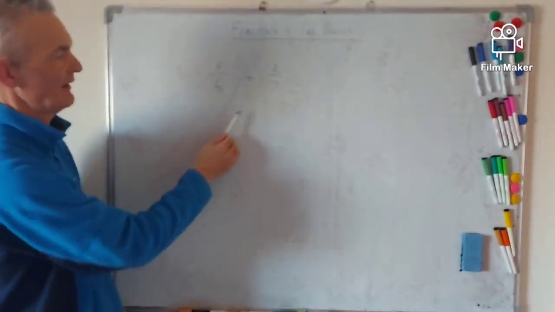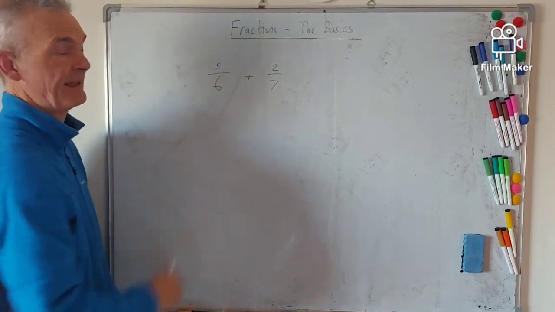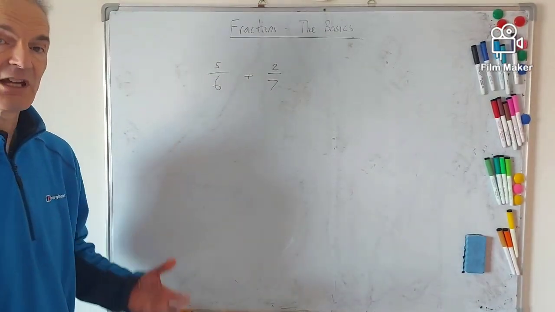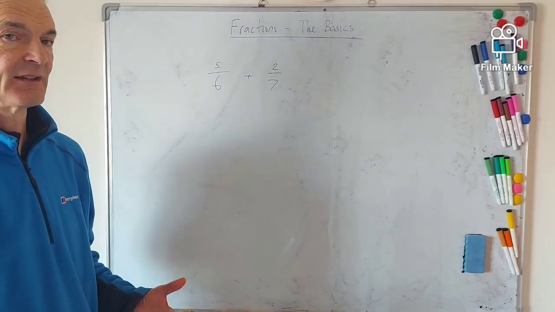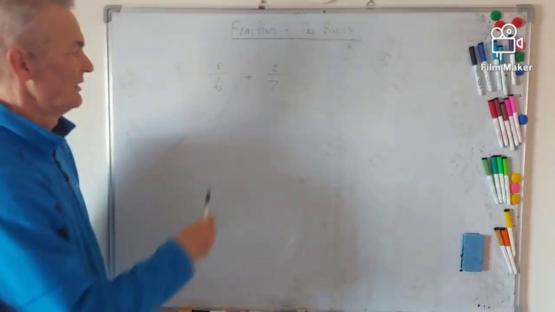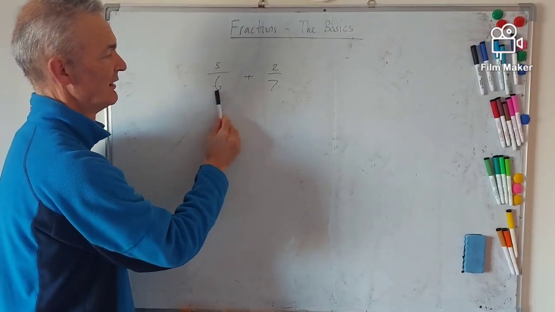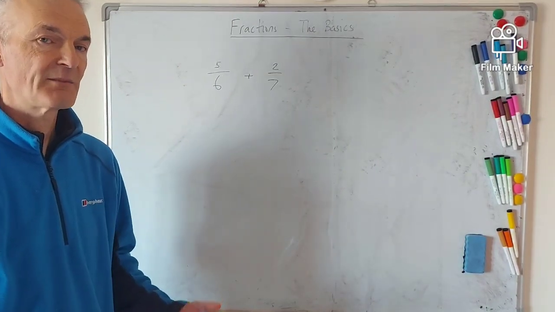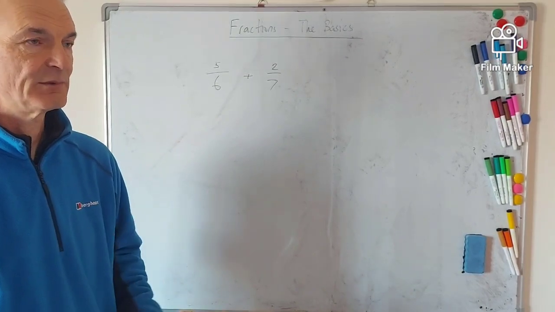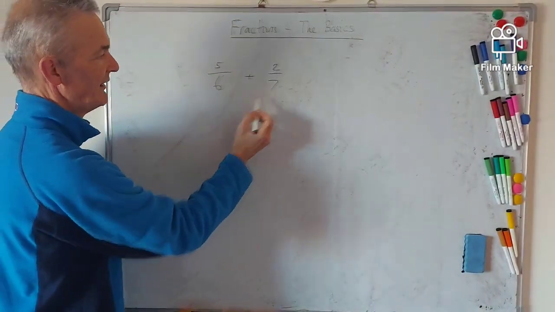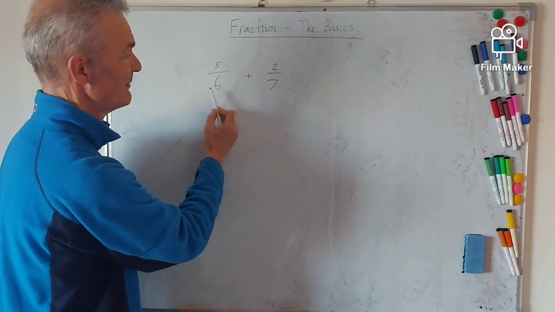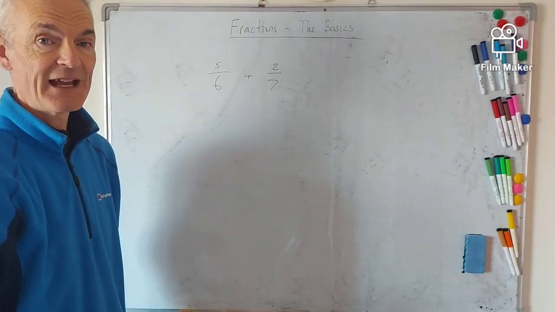Well, I can't just double this one because that's not going to get me 7 there, is it? So what we're going to do here, we're going to have to change both of the fractions. So what we're really looking for is a number that these two are going to multiply up to. So we're looking for something called the lowest common multiple. Now, in this case, most of the time it's going to be achieved by just multiplying these two together.